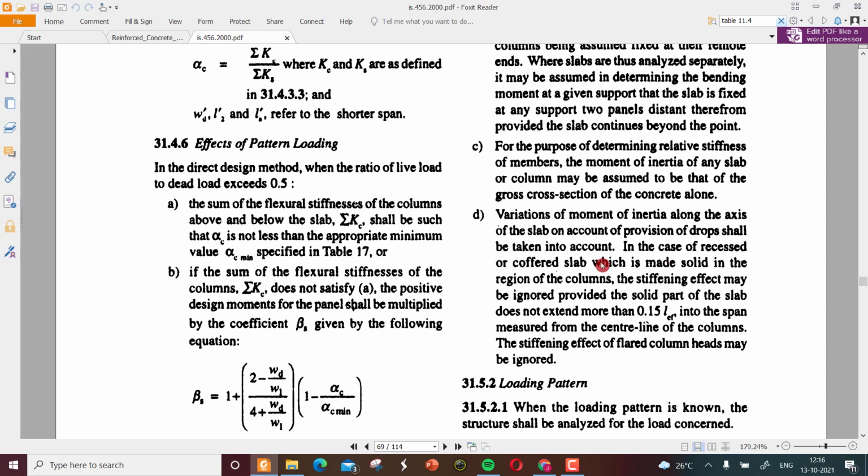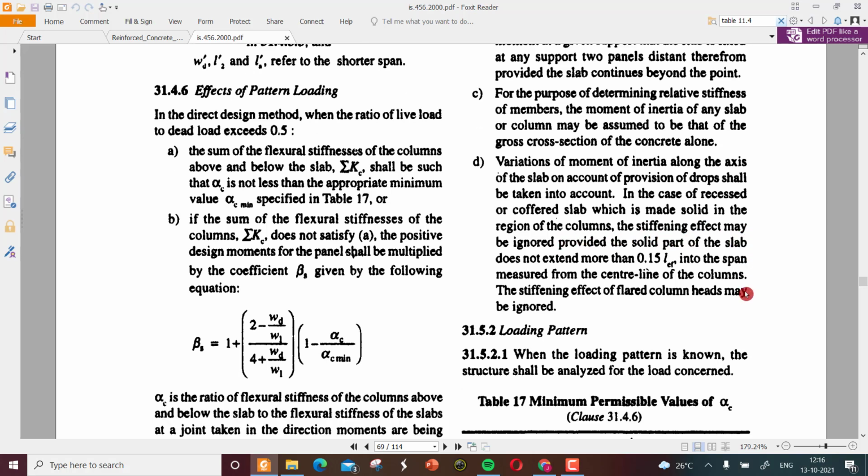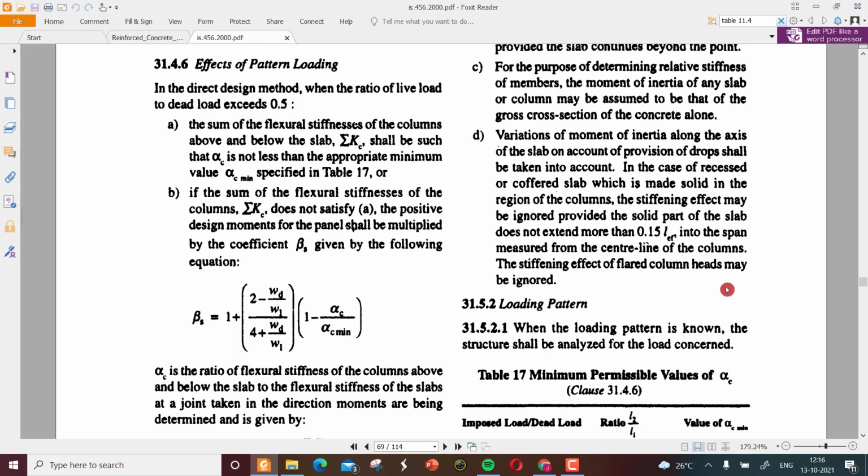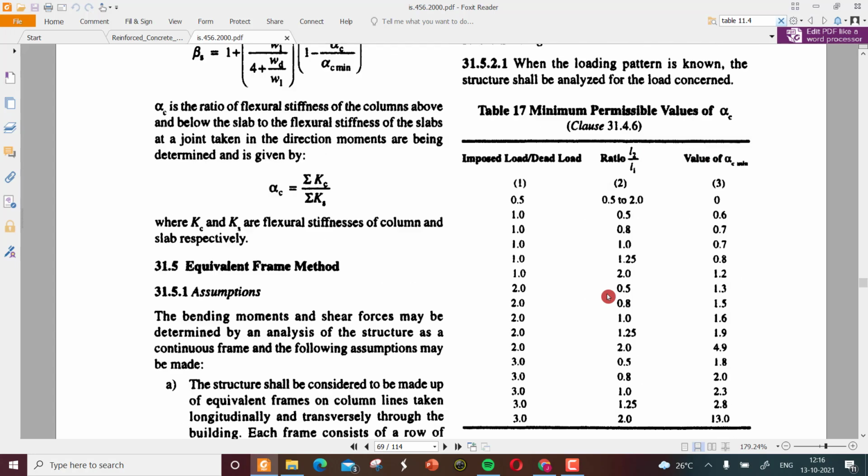In the case of recessed or coffered slab, which is made solid in the region of the columns, the stiffening effect may be ignored provided the solid part of the slab does not extend more than 0.15 times the effective length into the span measured from the center line of the columns. The stiffening effect of the flared column heads may be ignored.